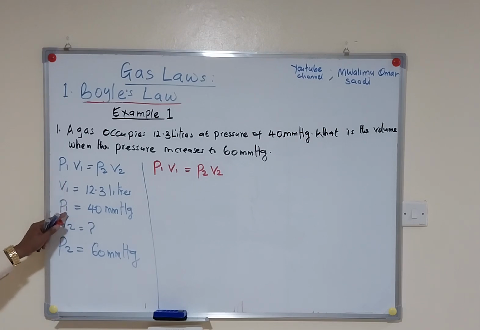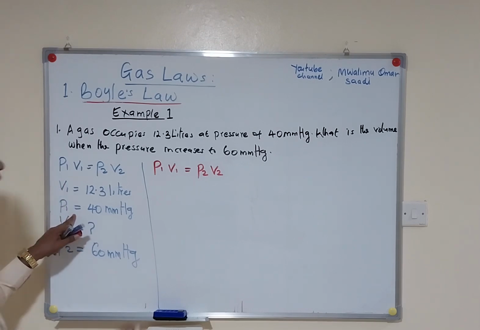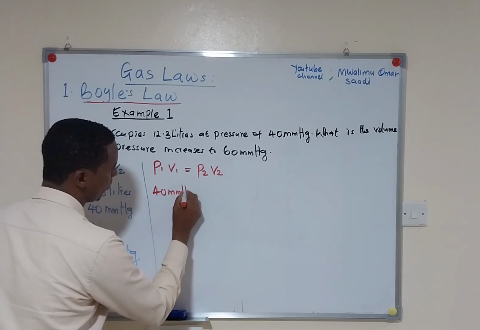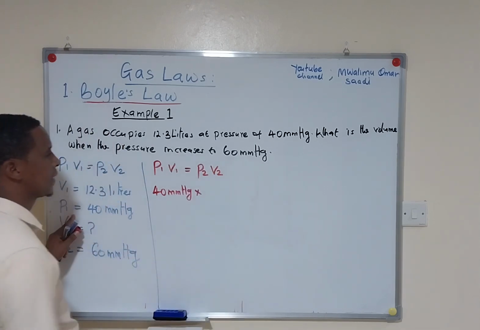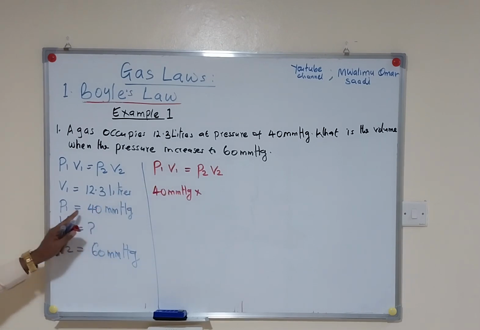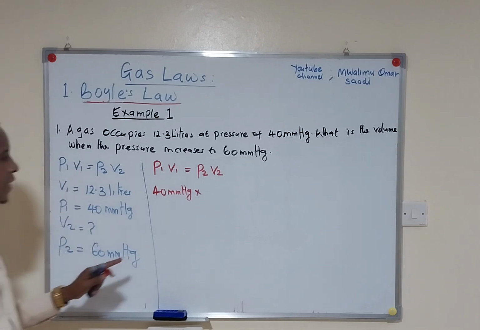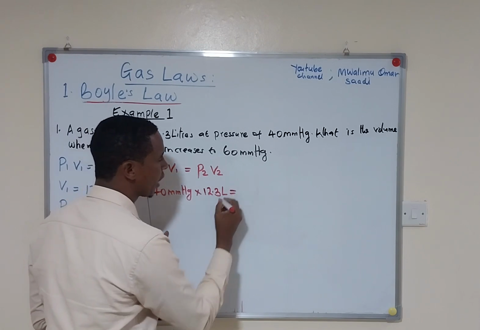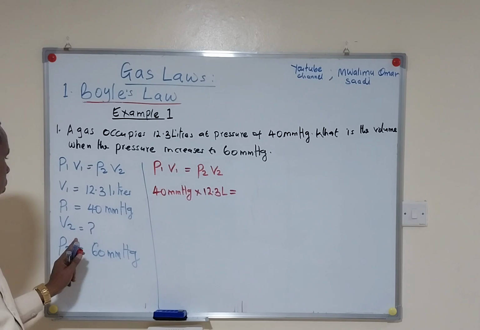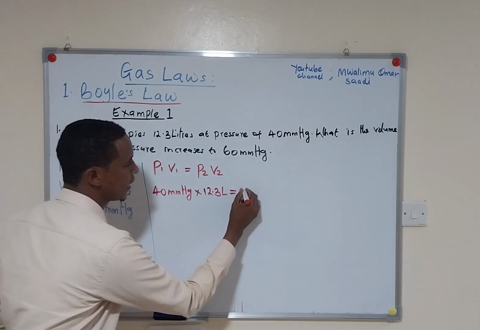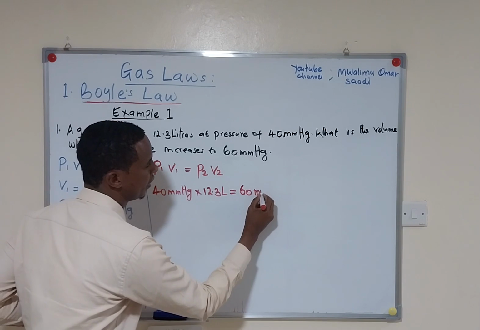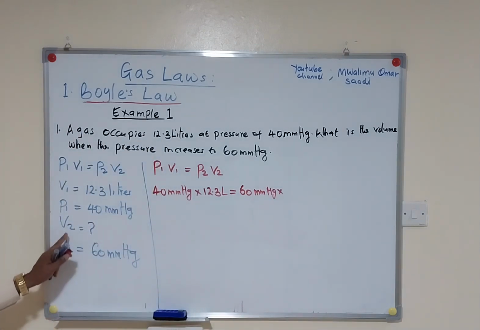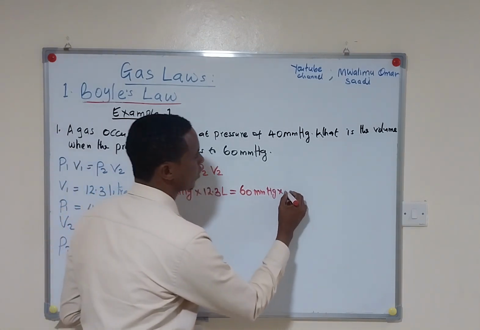Our P1 is 40 millimeter mercury, times V1, which we are given as 12.3 liters, is equal to P2, which is 60 millimeter mercury, times V2, that is what we are finding.